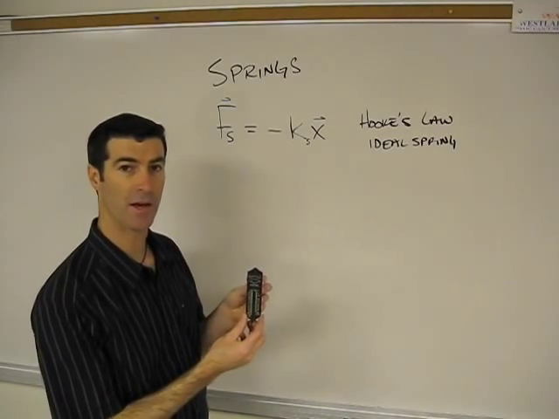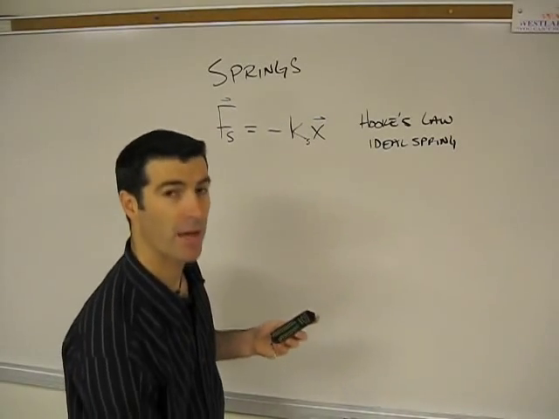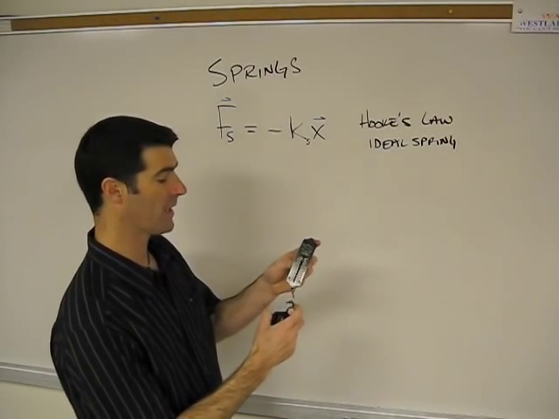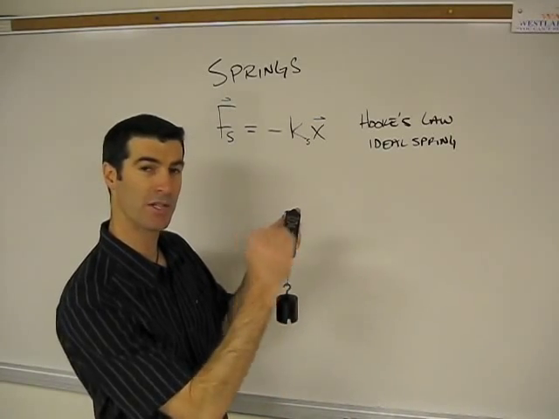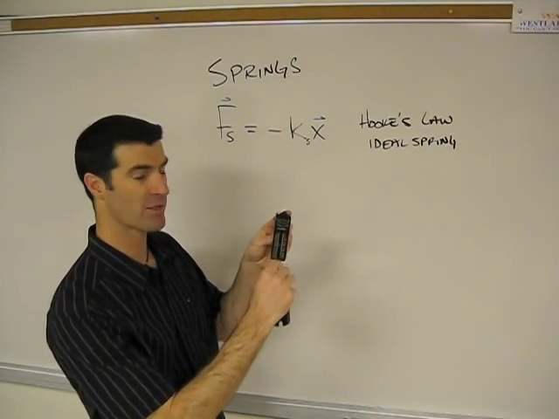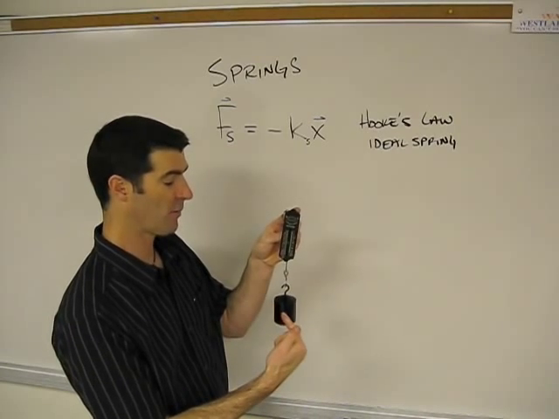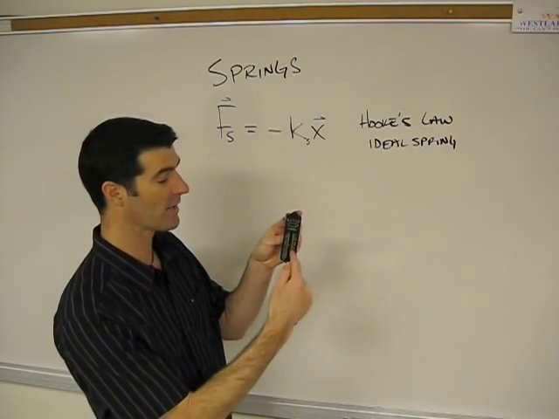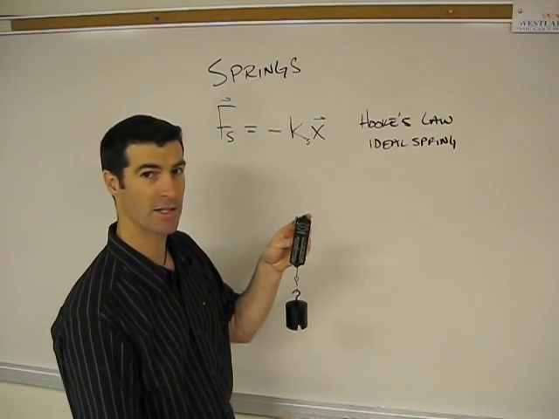If you have a spring scale, the spring in the spring scale is an ideal spring, so that when you place a weight on the end of it, the markings are linear. In other words, there's an equal gradation between each marking. So each additional stretch is going to be an increase in force required to stretch the spring. So when you put a mass on there, you can tell the weight by using gradations. So a spring scale is an example of an ideal spring.